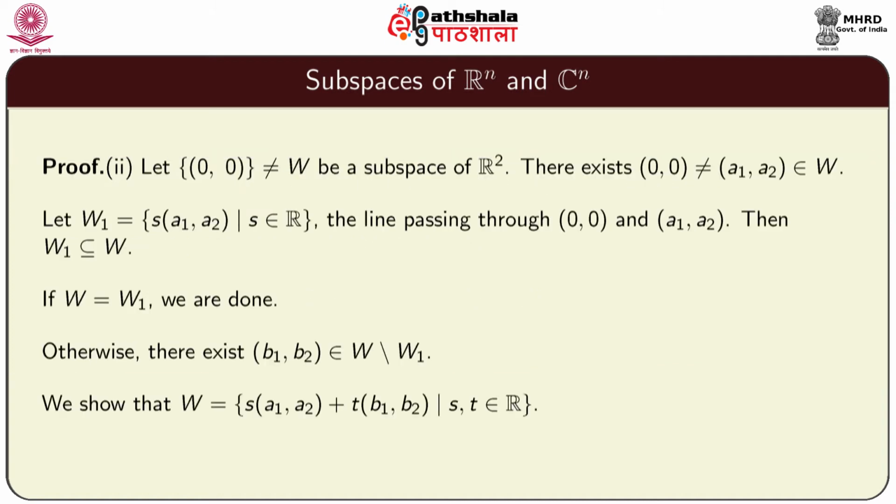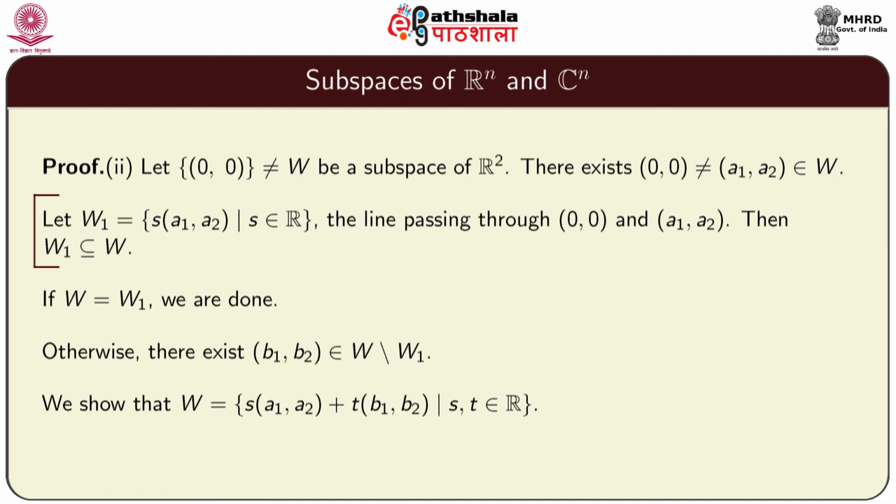Now, the second part of the statement, let us try to classify the subspaces of R2. Suppose that W is not singleton 0 comma 0 and W is a subspace of R2. That means that there is at least one tuple A1 comma A2 in W which is other than the 0 tuple.